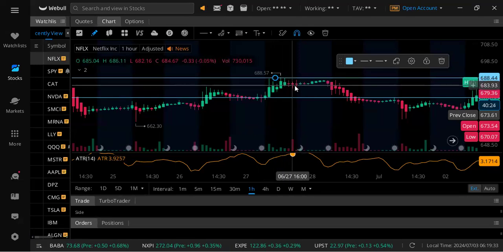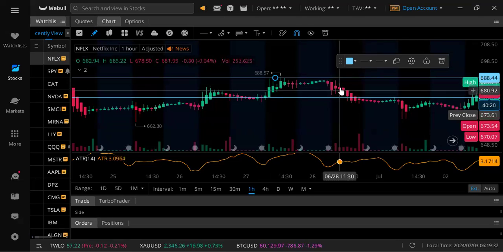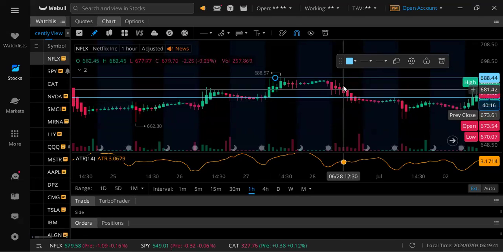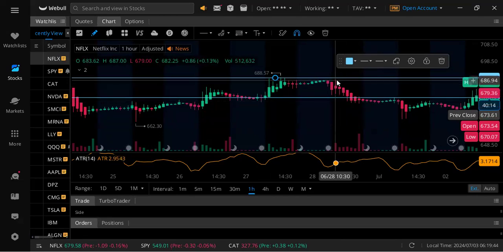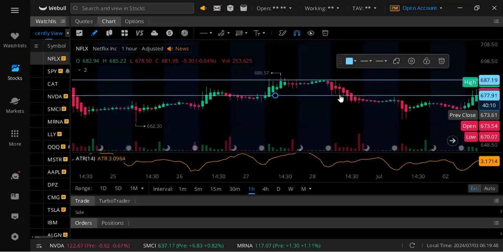This stock is struggling, and that's what it did the whole day. It went sideways, okay? On this day, indecision, and then indecision, and then we kept going down. This day we had that high and that was the low.